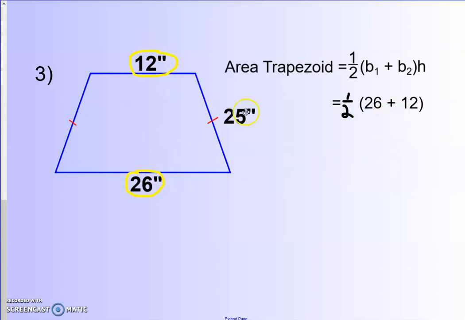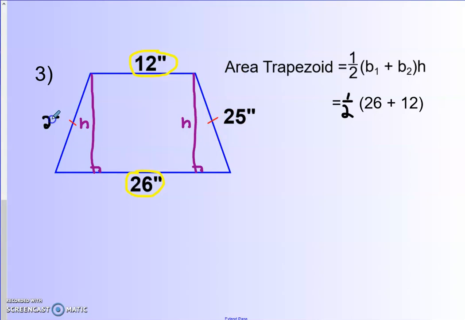But the height's not 25. So I'm going to have to drop this perpendicular straight down, and this is the height. And remember, this is also the height right here. So, let's see. This is an isosceles trapezoid. I can tell because of these hash marks.